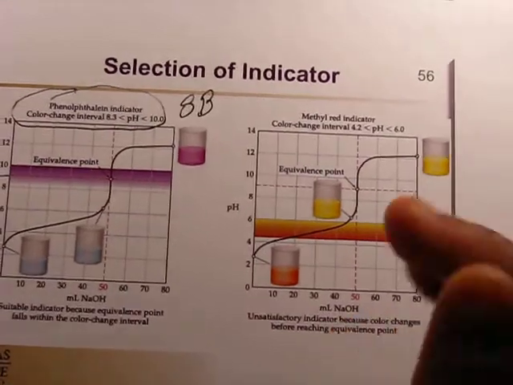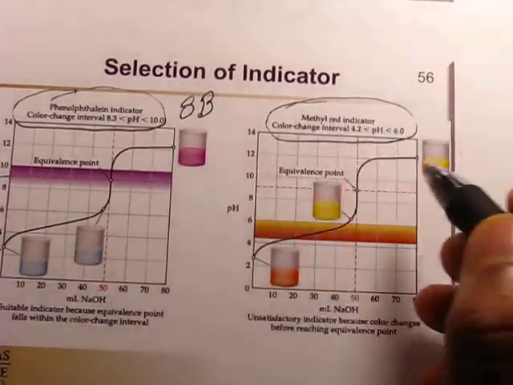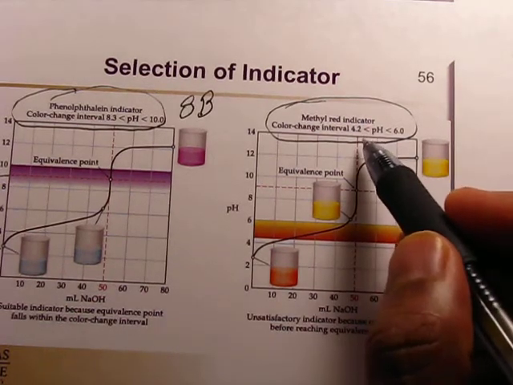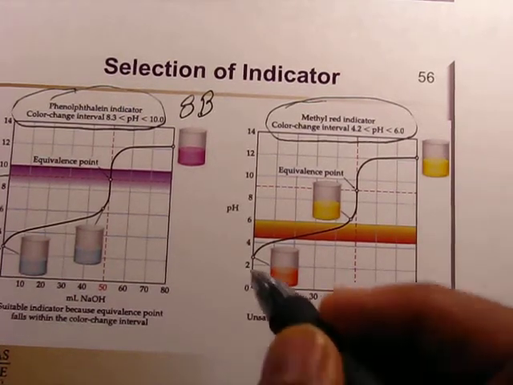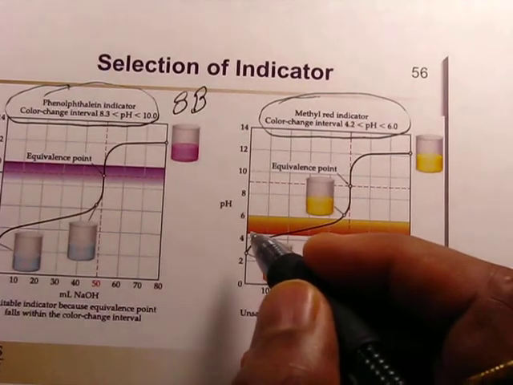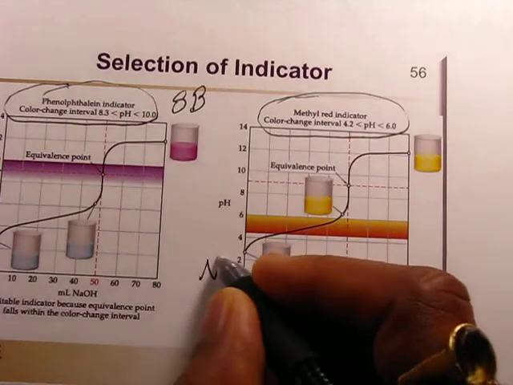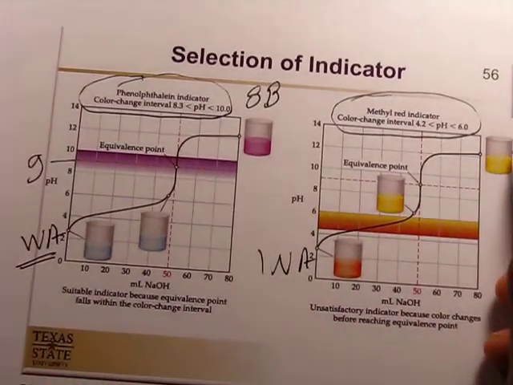And in case of methyl red, the pH must be below 4.2 and not more than 6. So here we have weak acid and might be weak base.